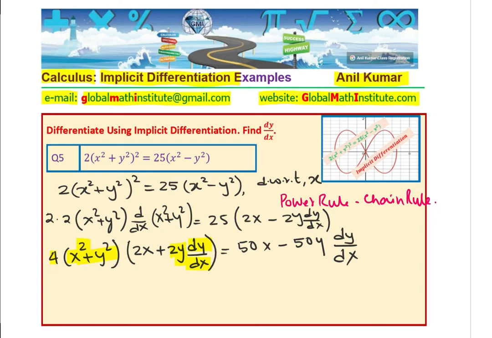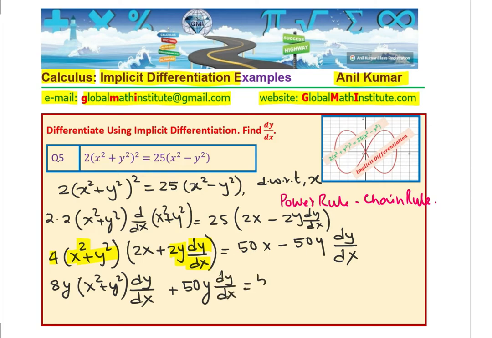So we get, when I multiply, 4 times 2 as 8y, and we have x squared plus y squared dy dx, right? And I'm bringing this term on the left hand side as plus 50y dy dx. Do you see how we are trying to simplify the expression?